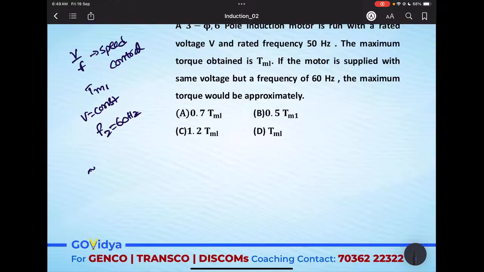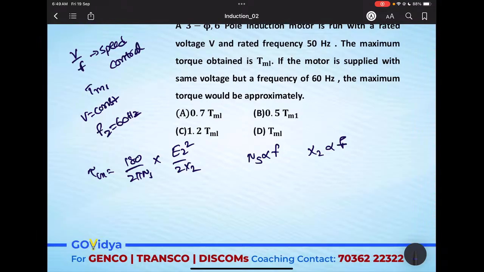We know the maximum torque equation: 180 by 2 pi Ns into E2 square by 2X2. We already derived that Ns is directly proportional to frequency, X2 is also directly proportional to frequency, and E2 is constant.